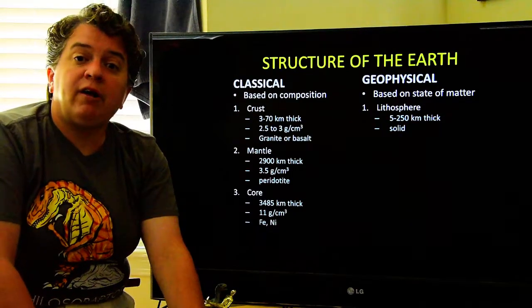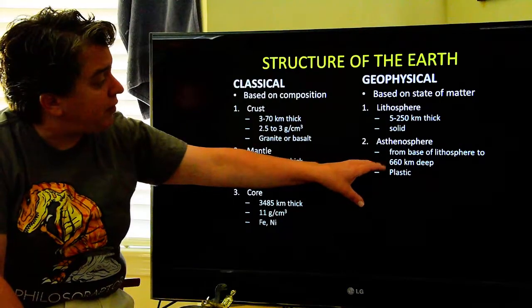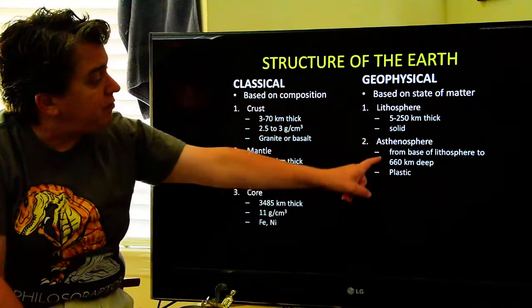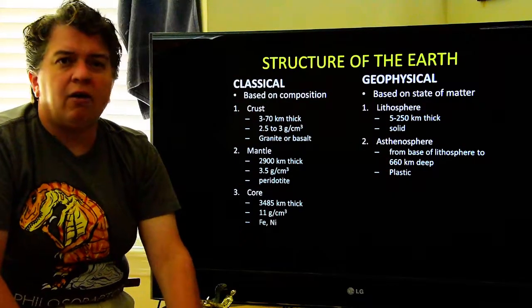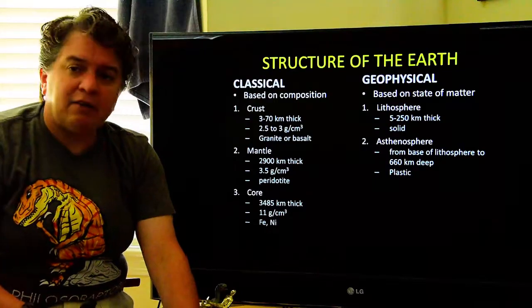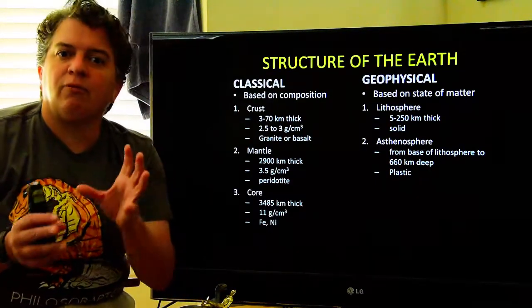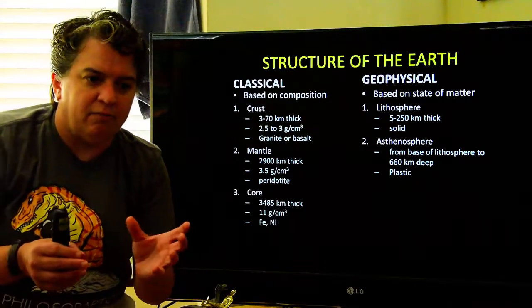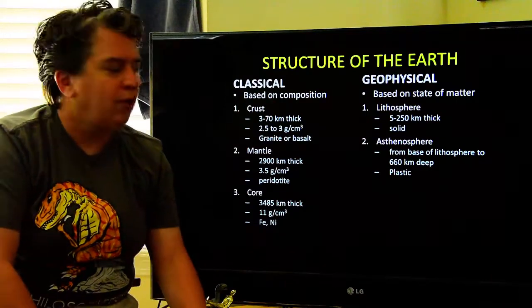It is a rigid solid. Underneath the lithosphere, we have the asthenosphere. And this goes from the base of the lithosphere to 660 kilometers deep. It always ends somewhere right around 660. And it's plastic, meaning it's kind of squishy. It's not a liquid. It's not a rigid solid. It's kind of like gooey plastic, like the center of an Oreo.